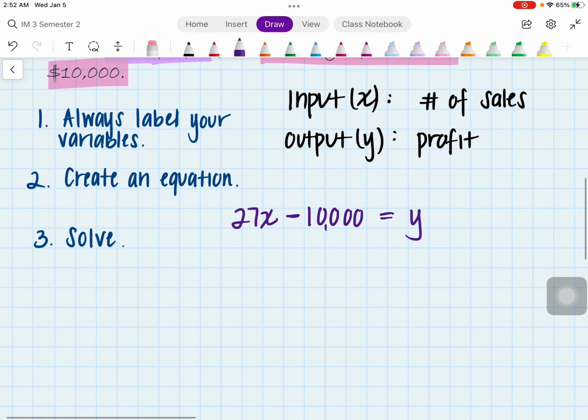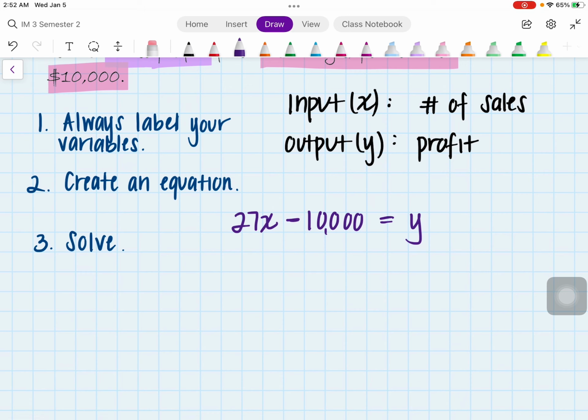All right. So in this case, guys, I do want to go ahead and solve for X here. But the profit in this case, we're just going to go ahead and say that's 0 for now, because we actually don't know how much we need to make. But it's based on the smallest amount, which is anything greater than $10,000 would be a profit. So I will be starting off there with the 0.